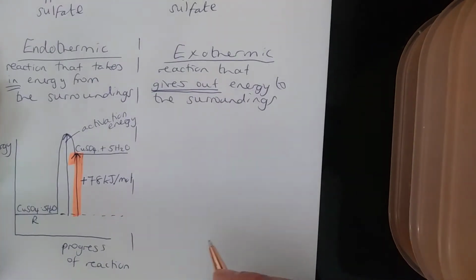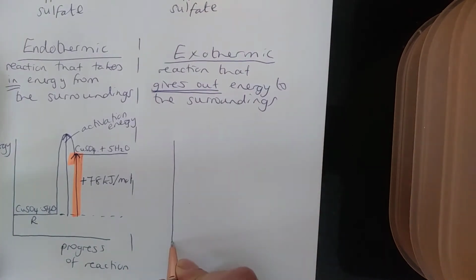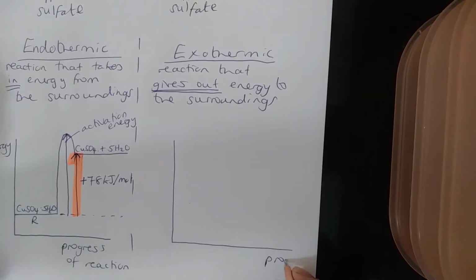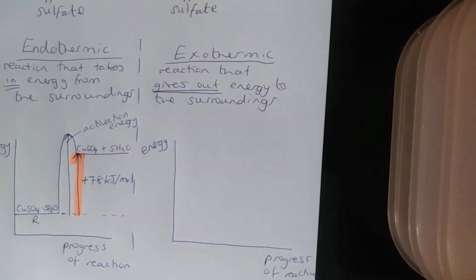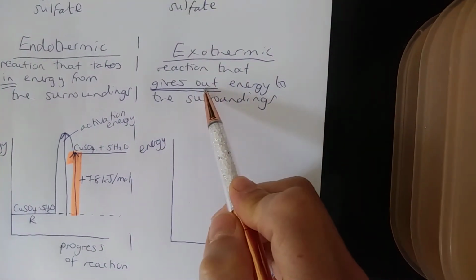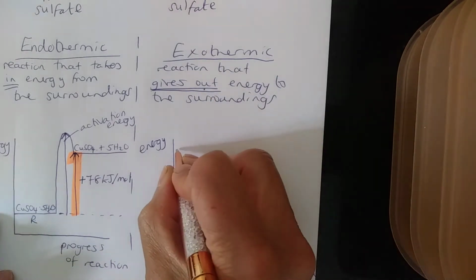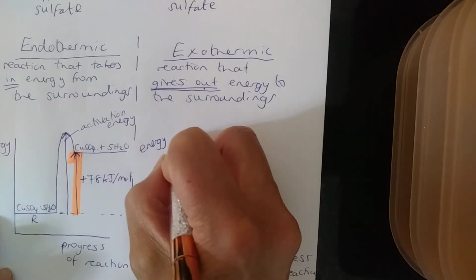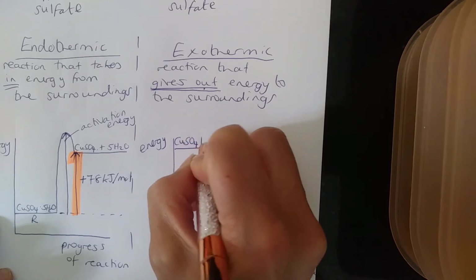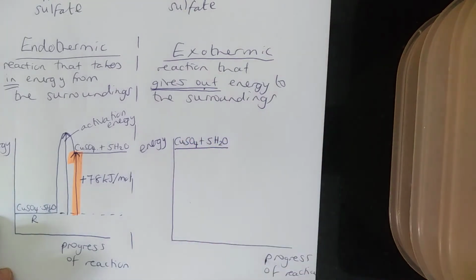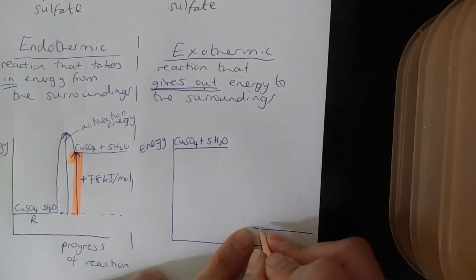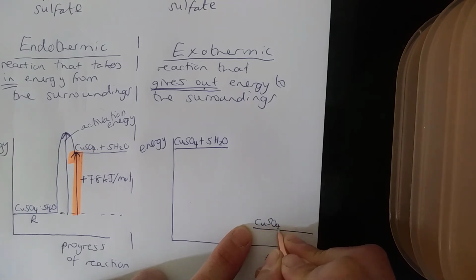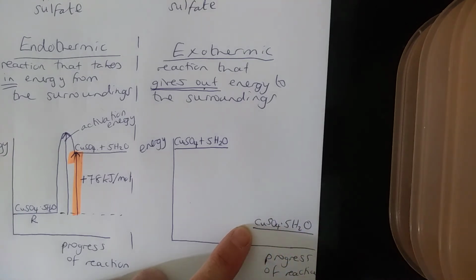So to look at an exothermic reaction profile, we've got the same, we've got our progress of the reaction and we've got our energy. Now, in an exothermic reaction, energy is given out to the surroundings. So in this particular example here, our reactants for the backward reaction have more enthalpy than our products, which will be the hydrated copper(II) sulfate crystals.